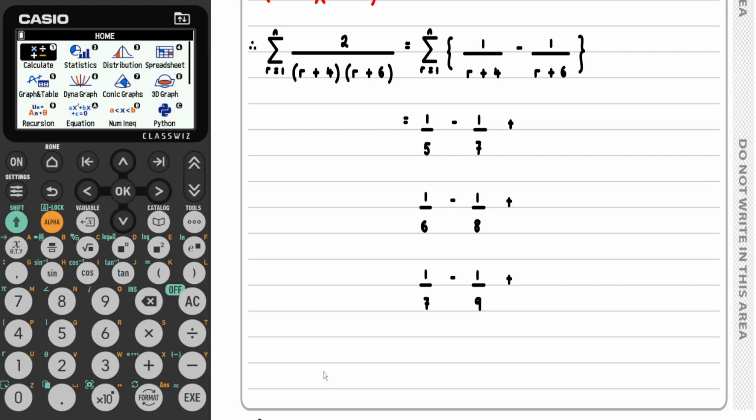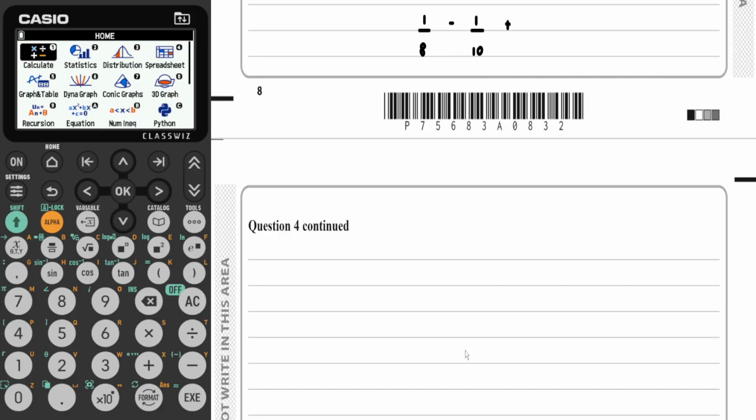When I substitute in r equals 4, I've got 1 over 4+4, which is an eighth, subtract 1 over 4+6, which is a tenth. Now we can continue on.